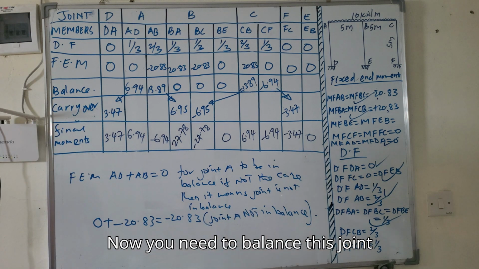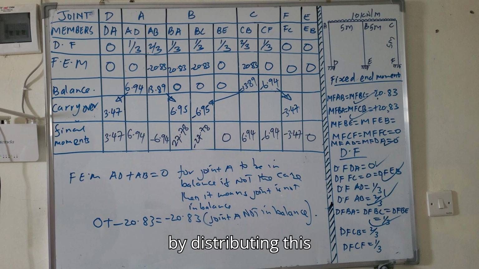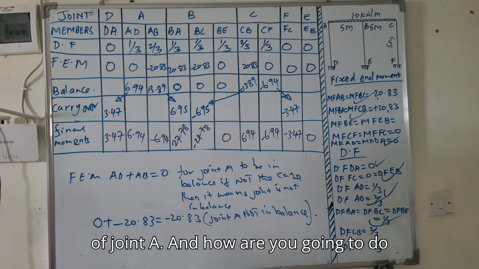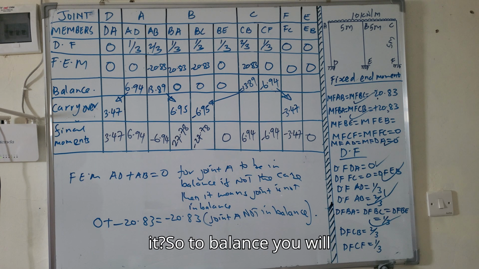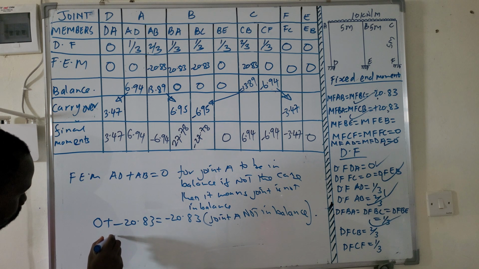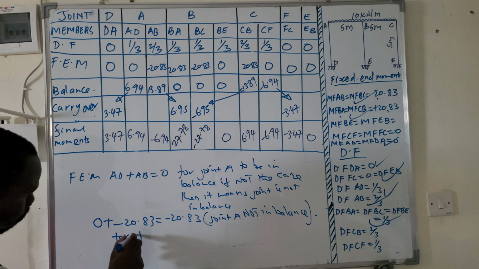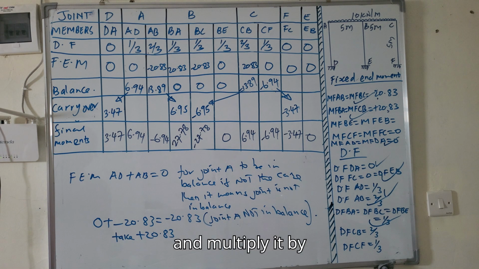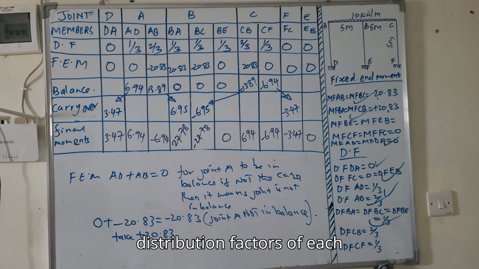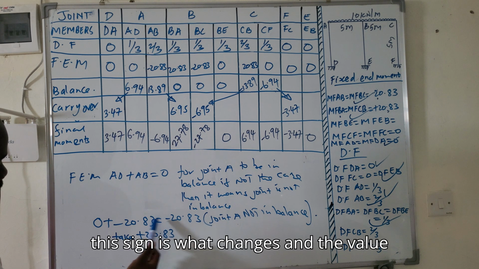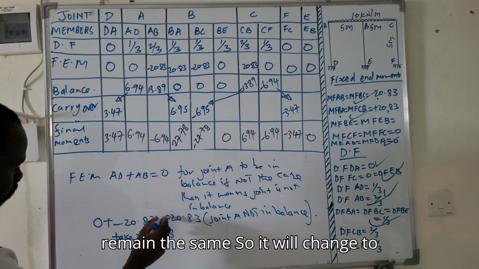Now you need to balance this joint by distributing this value to each member of joint A. And how are you going to do it? To balance, you will take positive 20.83 and multiply it by the distribution factor of each member. So if you have negative 20.83, this sign is what changes and the value remains the same.